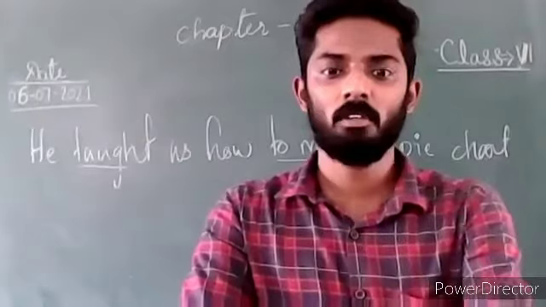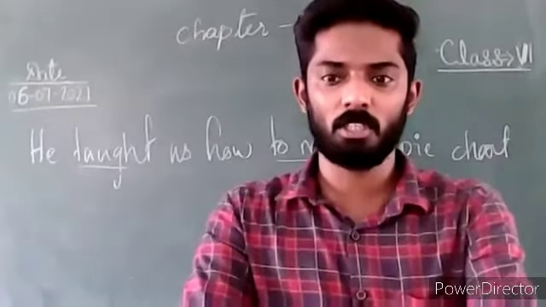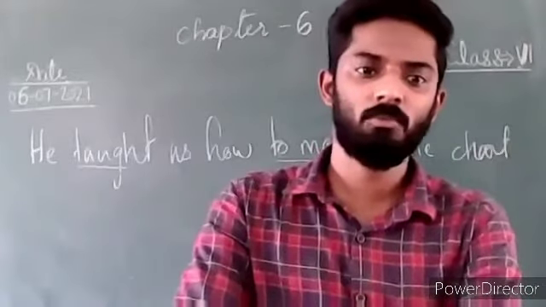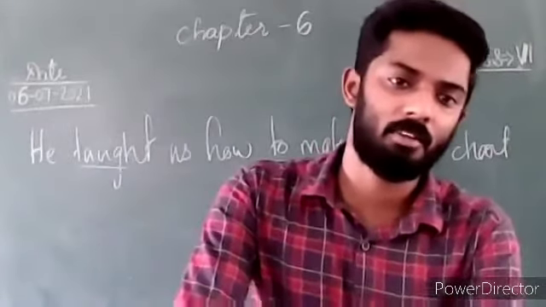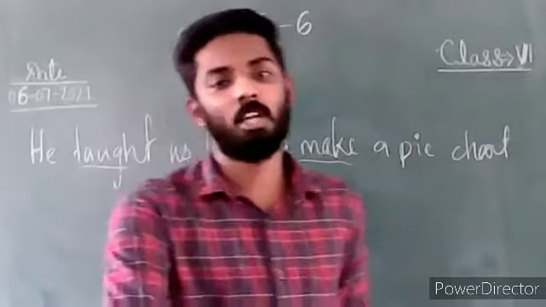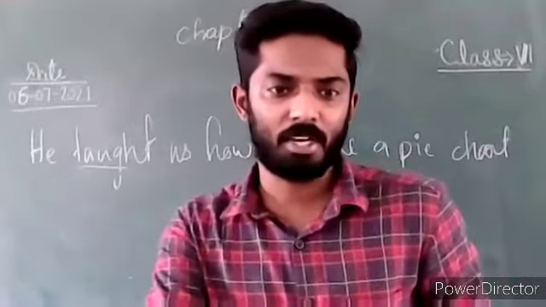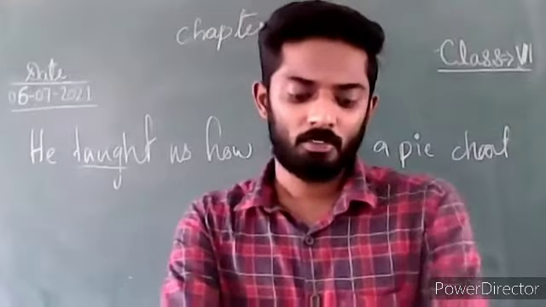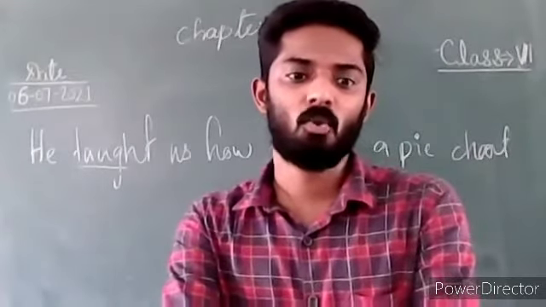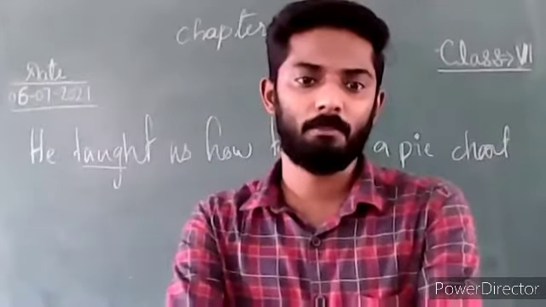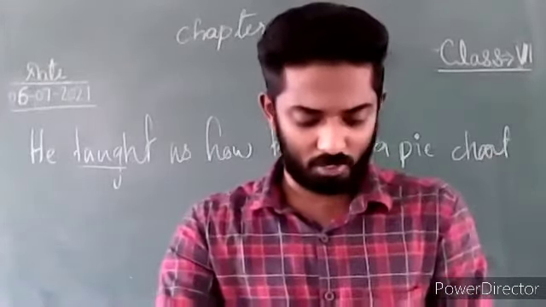We have some types of non-finite verbs. We'll see which are those. There are three kinds of non-finite verbs. One is participles, then we have gerunds, and we have infinitives, like bare infinitive and full infinitive.